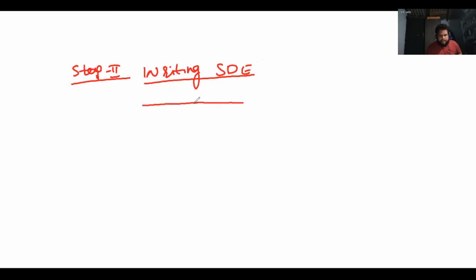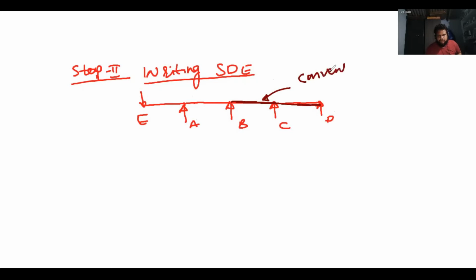When you're writing slope deflection equations in an overhanging beam, this is the overhanging portion, that is A, that is B, C as well as D, E. Now if you see here, whenever you are writing slope deflection equations, for these BC span and CD span you have to write the normal, that is conventional, slope deflection equations.